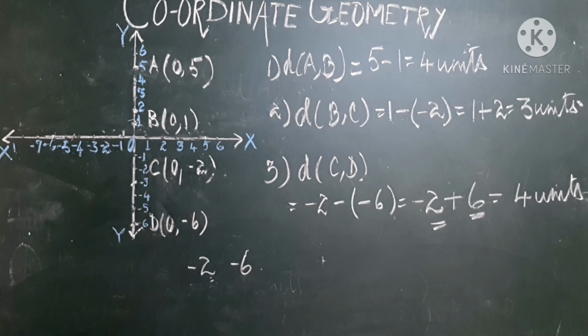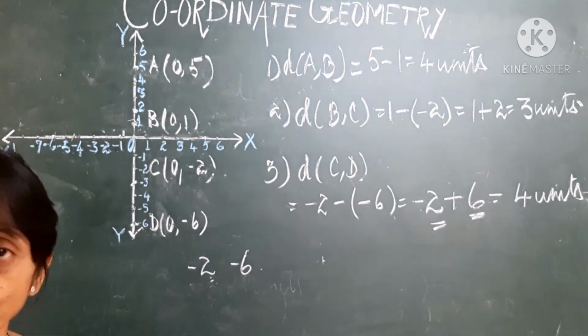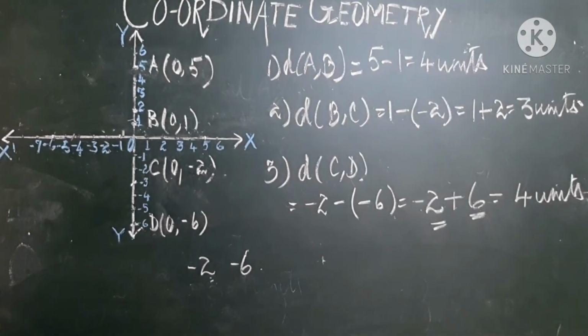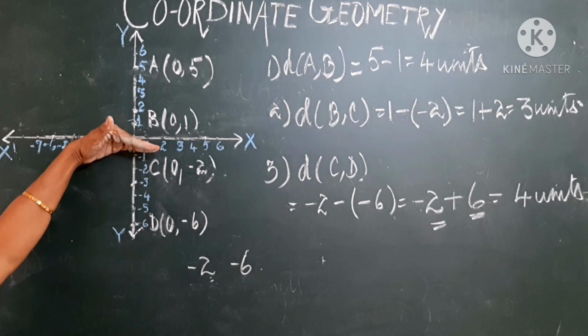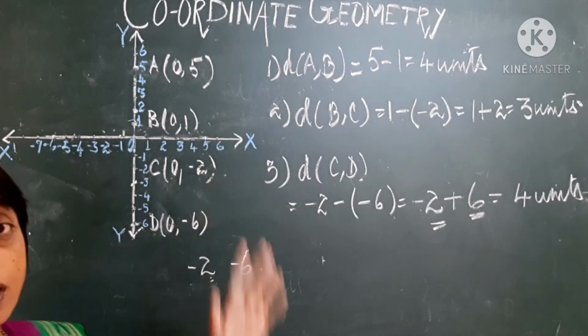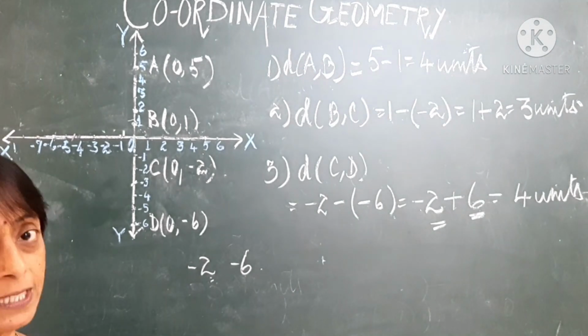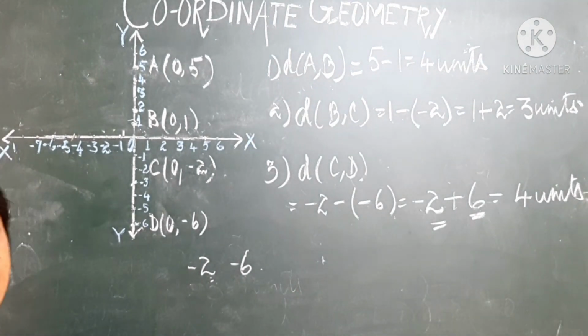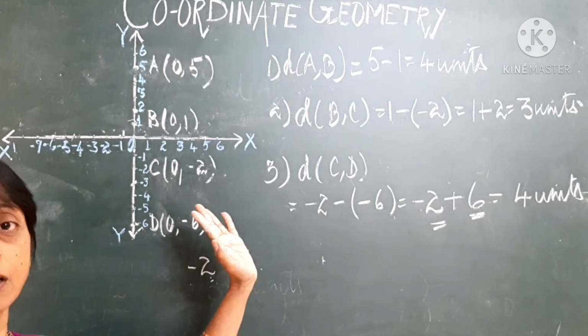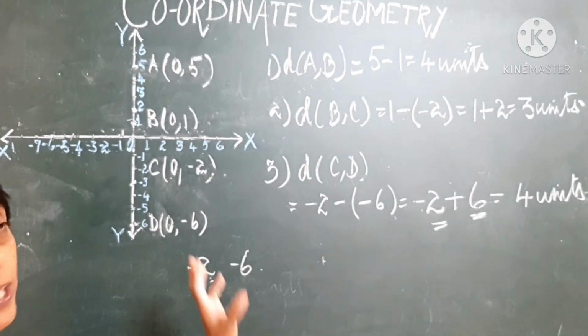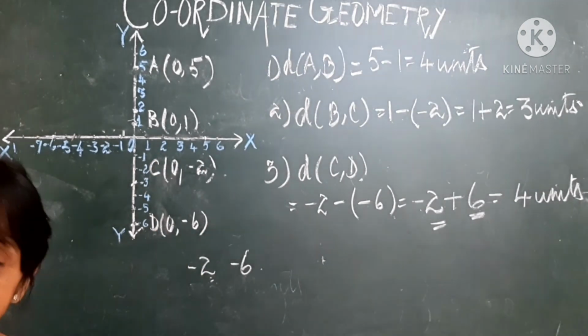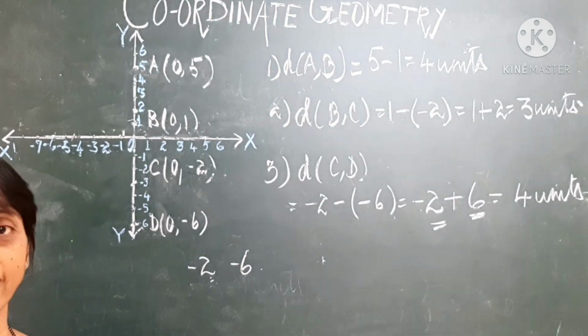How do you find out the distances between 2 points lying or being parallel to the x-axis or to the y-axis? So let's proceed. In the next session, we'll talk about finding distances of these lines parallel or distances between any 2 points which are parallel to the x-axis as well as the y-axis.